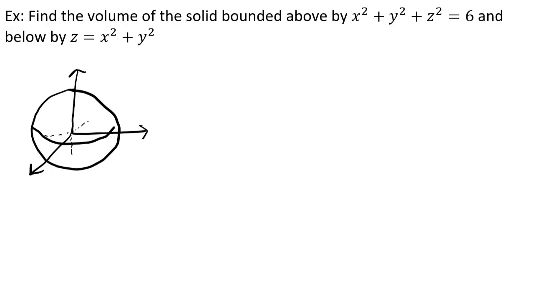When x equals 0, we've got z equals y squared, which is going to be this nice parabola right here. And same when y is 0, we would have z equals x squared, so we would have a parabola in the other direction as well. So we're going to have this nice kind of round paraboloid bowl shape.